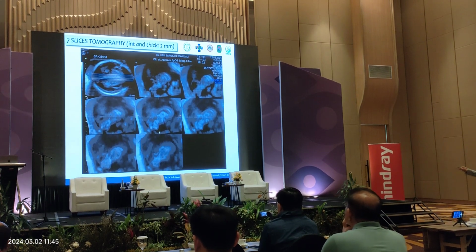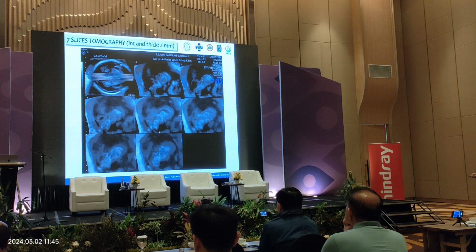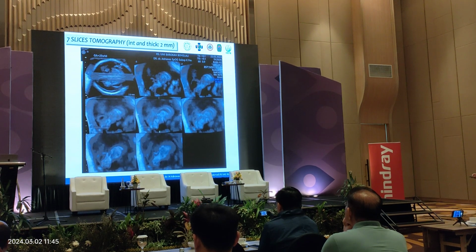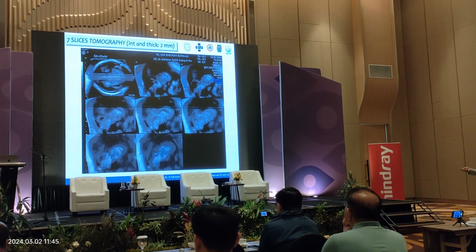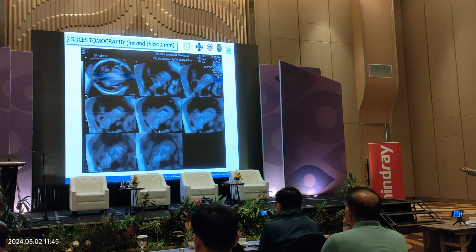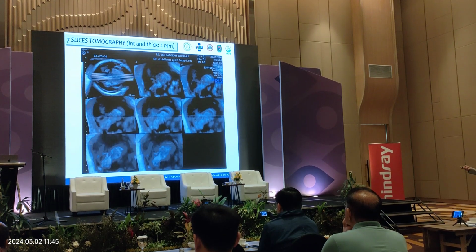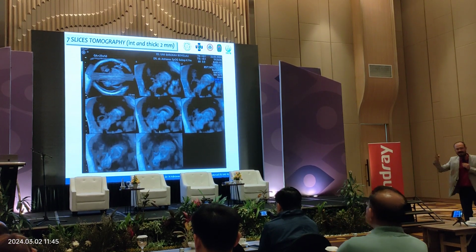If we make a 7-slice tomography, actually we don't need to use this, but only to show the clearest picture is on the center, so that you can see the slicing.